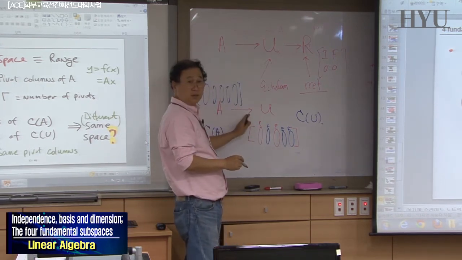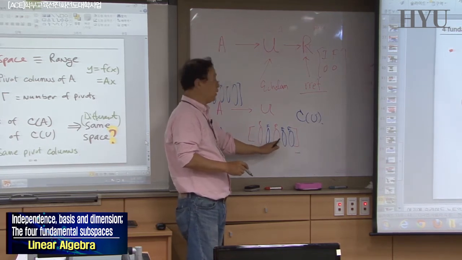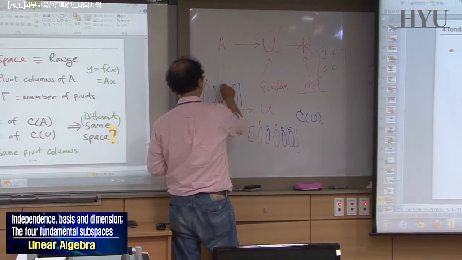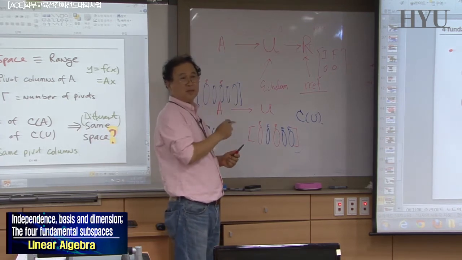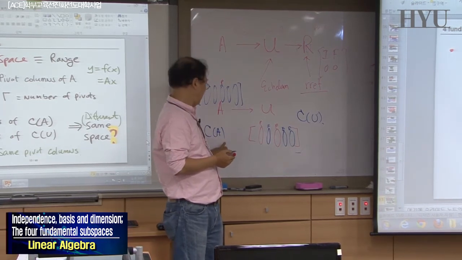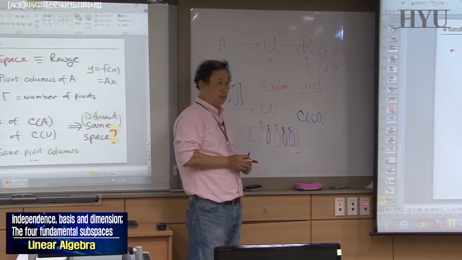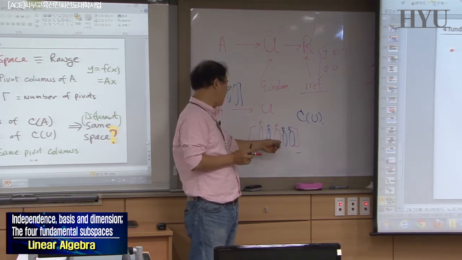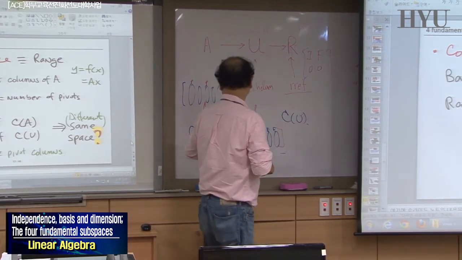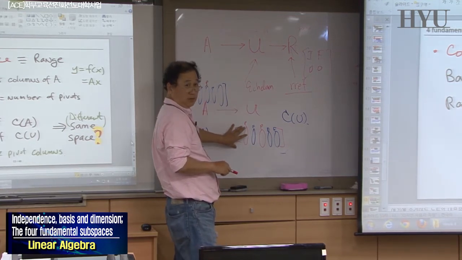You go through this elimination and you find the first one and the third one are pivots. So I can say the first one and the third one are basis vectors of the column space of A. Okay? These are basis vectors of the column space of U. So the dimension in this case is the number of columns, 2. Okay? That's the way you do it. So the column space of A is different from the column space of U. Okay?